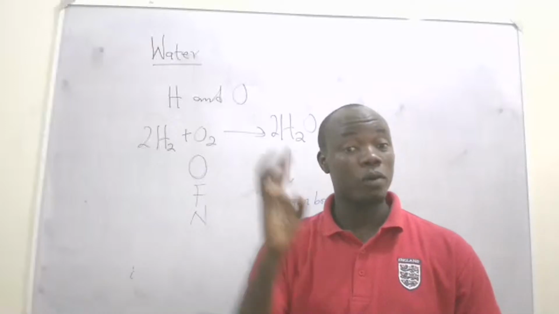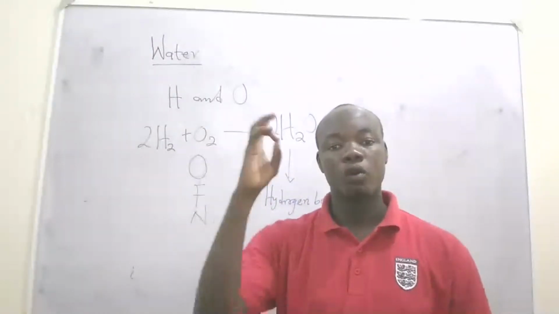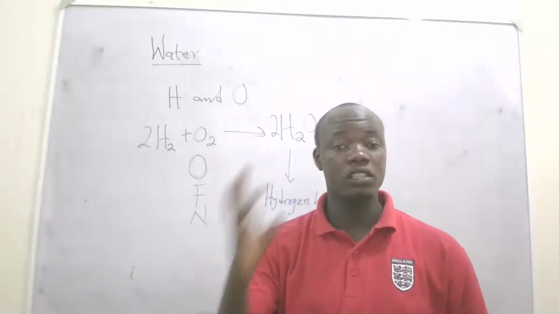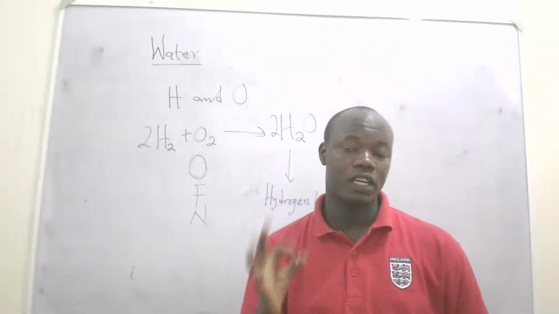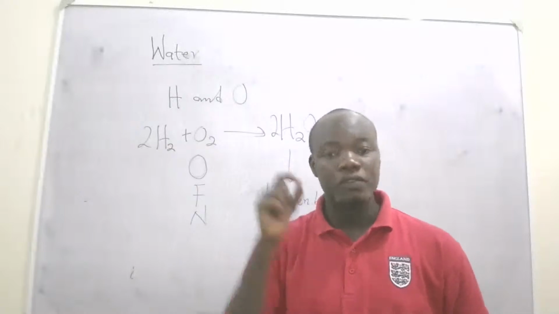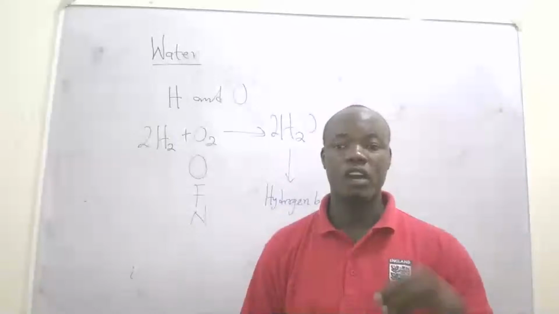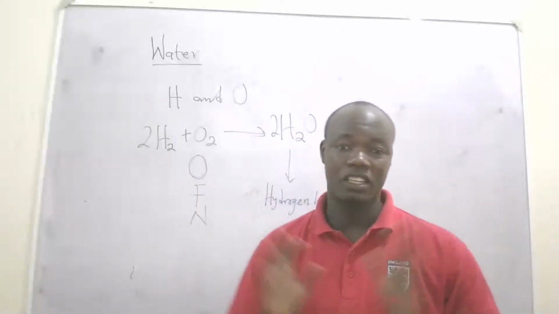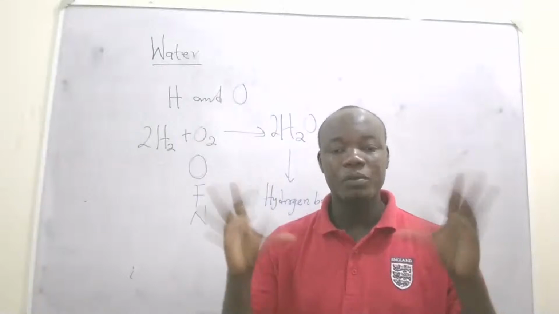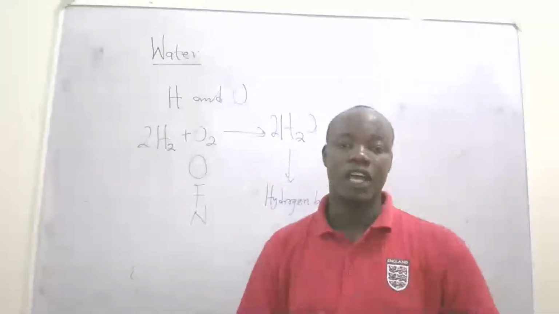Earth is made up of land, and apart from land, it is made up of ice and water. So the Earth is largely occupied by water. It occupies a large percentage. It is the most abundant molecule found on Earth.